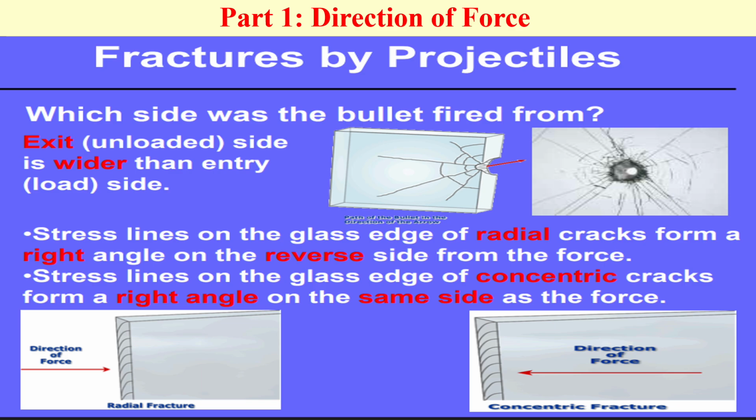This is the only one rule that should be remembered. If this rule is in our mind, we can determine the direction of the force very easily when we find it at the crime scene.